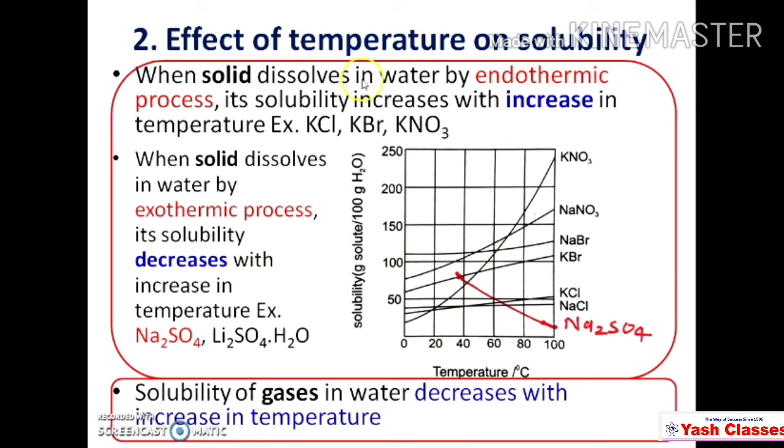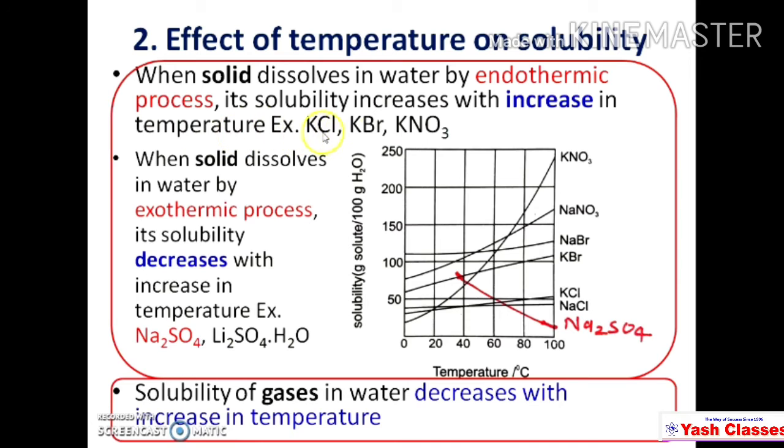Such a process is called an endothermic process. So when a solid dissolves in water by an endothermic process, its solubility increases with increase in temperature. It means any solute which requires heat for dissolution in solvent, such a dissolution process is favored by high temperature. So with increase in temperature, the solubility of the solid in solvent increases.